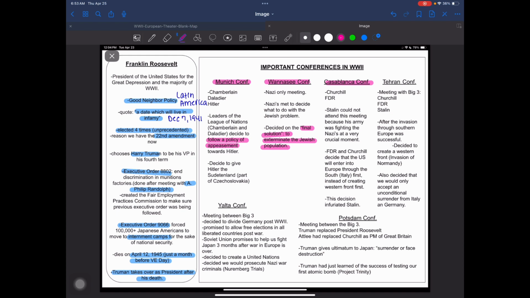Now we are going to decide, without Stalin being there, that we are going to enter in through the south first. And this decision infuriates Joseph Stalin.